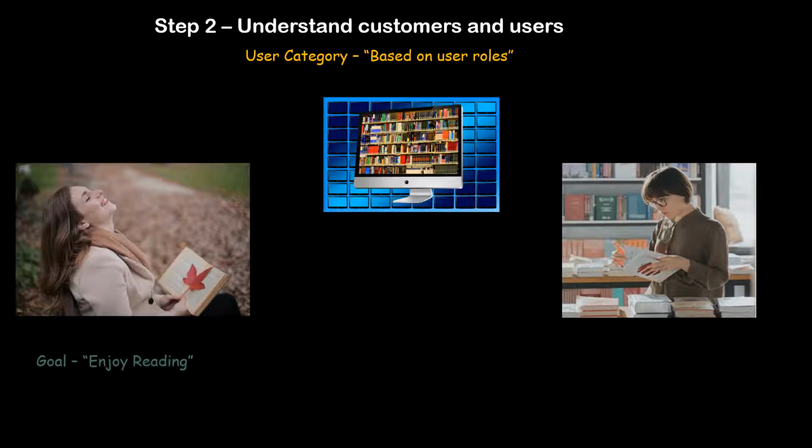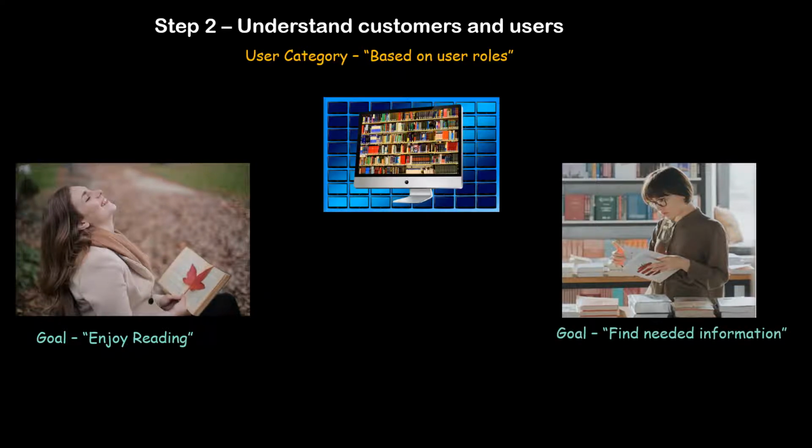The first one's goal is to enjoy herself reading the books. The second one's goal is to find the books for which she needs the information she is looking for. But the team developing the website makes no distinction between these two users. Both are placed into a single bucket called homemakers.